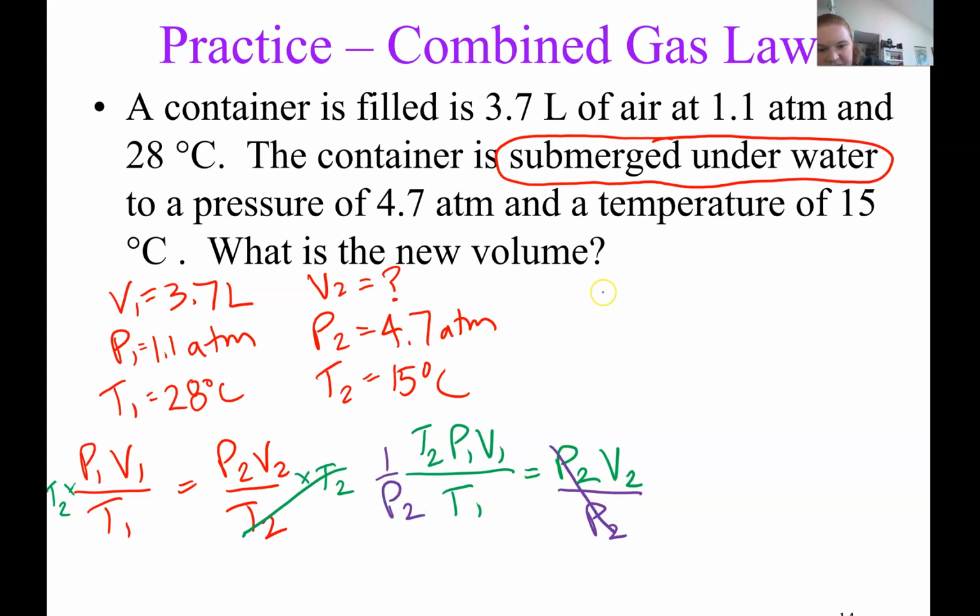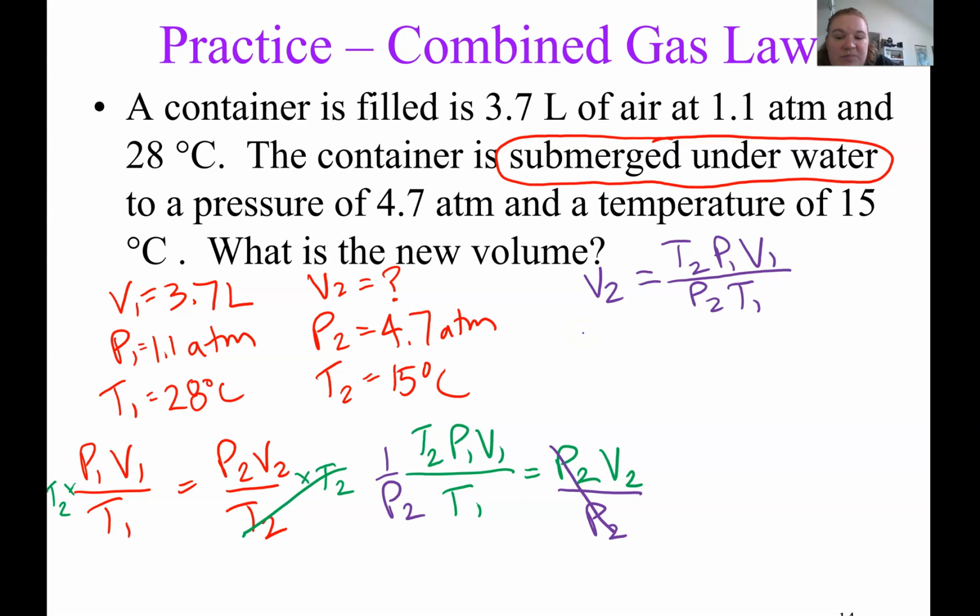So here's our final equation. Volume 2 is equal to T2, P1V1 over P2T1. So a lot of algebraic rearranging. We could have also just started with cross multiplying and then did some rearranging if that makes more sense to you.